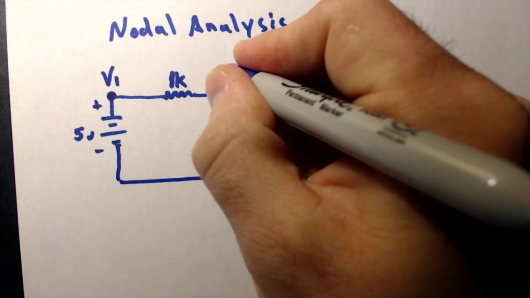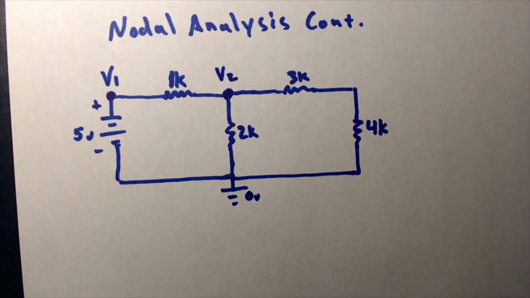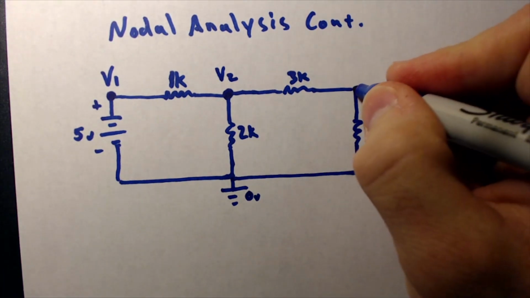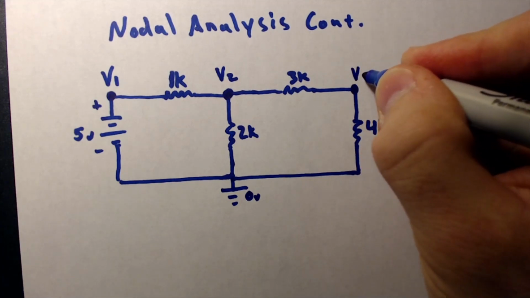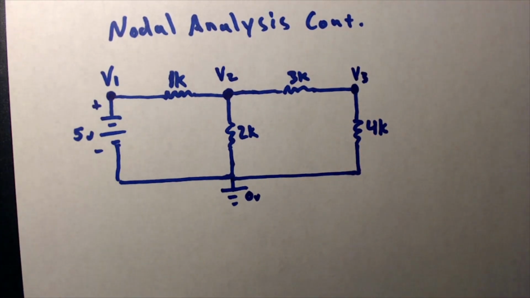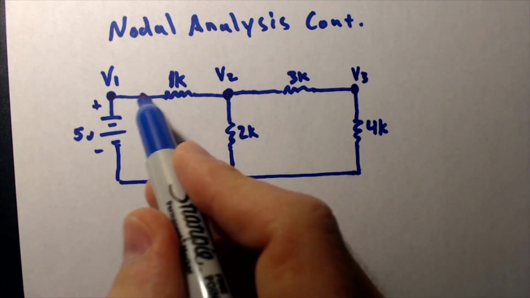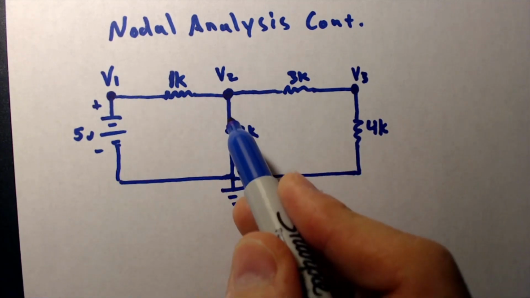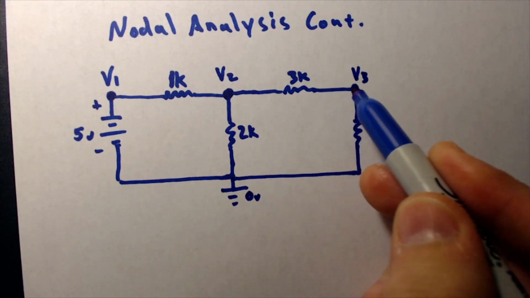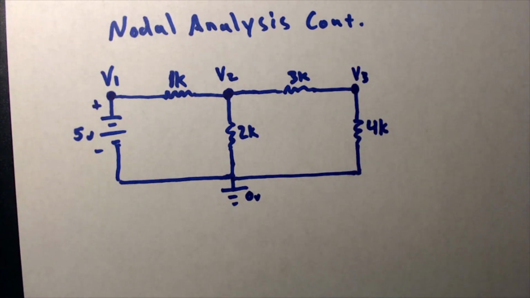I'm going to pick this to be V2. And our last one here seems to be V3. Okay, all along here is 0 volts, all of this V1, all of this V2, and all of this V3. So that gets rid of our first 2 steps.